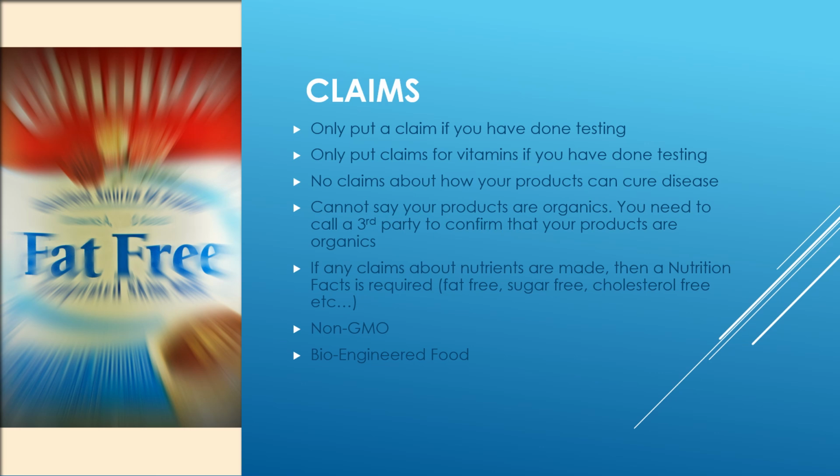So you want to be really certain of what you're doing or what you're saying, and what you're putting on your packaging. Any claims made about nutrients, like I said earlier, will require a nutrition fact.